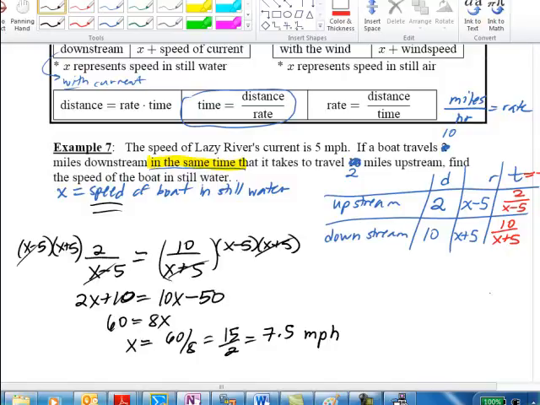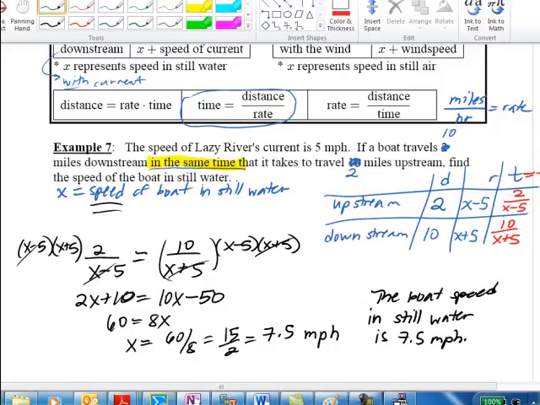So what do we have? The speed of the boat would be 7.5 miles per hour in still water. All right, then again, if you wanted to check, you could put that x back into the other pieces that you had for time.